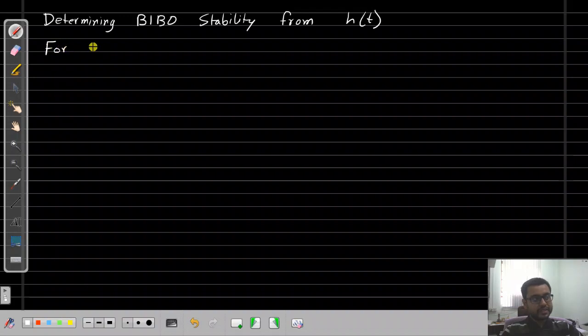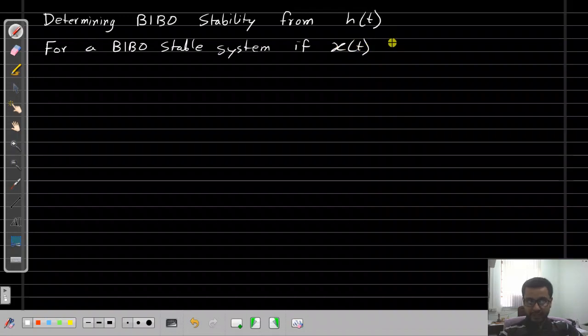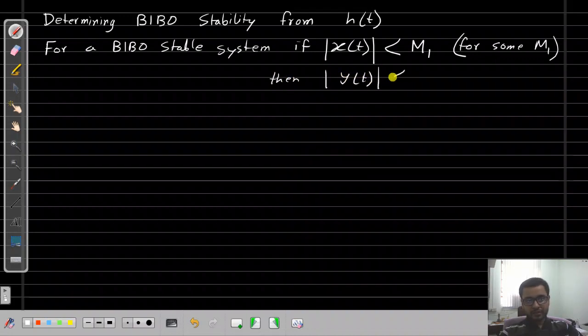For a BIBO stable system, if the input is bounded, that means the absolute value of x of t is less than some number, call it m1, for some m1, then the output is also bounded and it is less than some m2 for some m2.